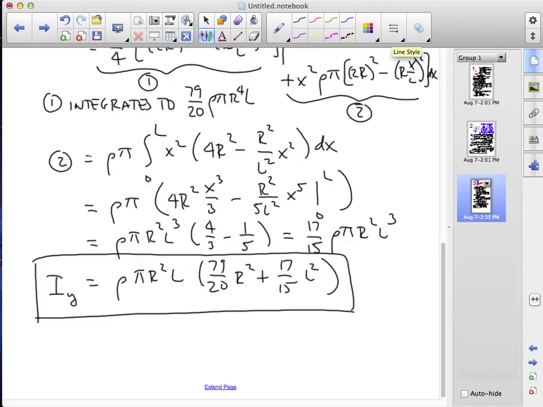So in closing, we have a couple of different methods we can use for evaluating mass moments. We can use an integration approach. We can use a composites approach. It may occur to you that there might be shapes which don't lend themselves to either approach. That is, we can't really represent the object in terms of simple shapes or named functions.